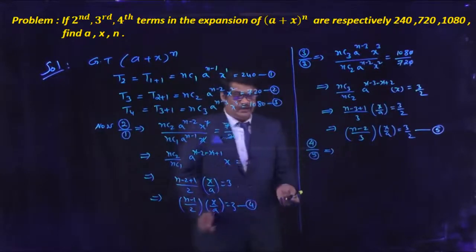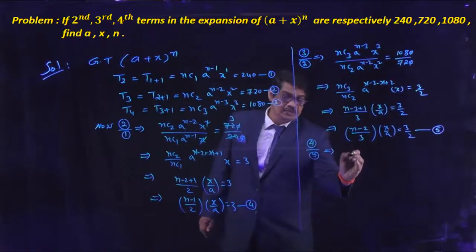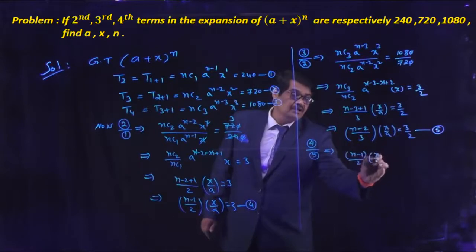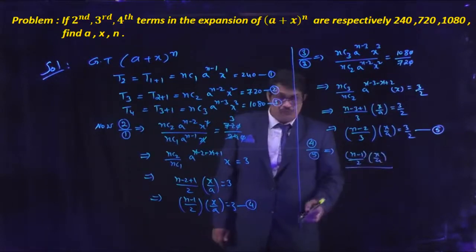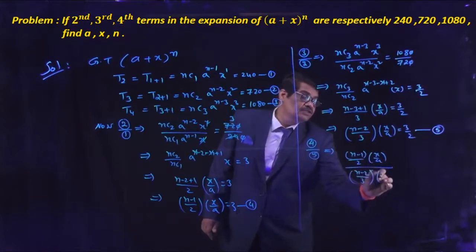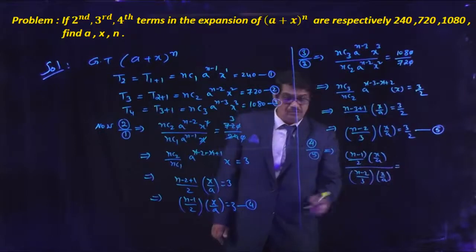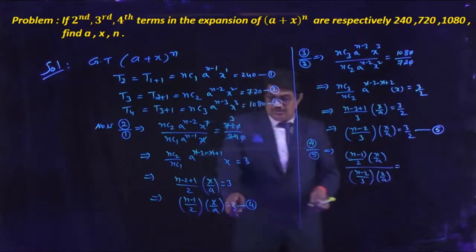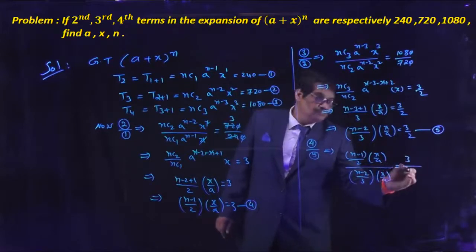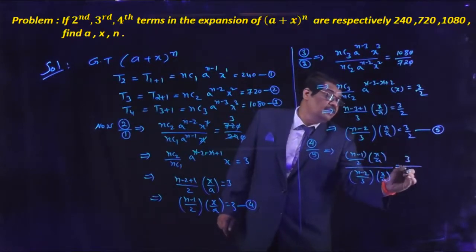Now writing 4 by 5. What is the fourth equation? That is (n minus 1) by 2 into x by a, by equation 5 LHS, that is (n minus 2) by 3 into x by a, is equal to RHS, 3 by 3 by 2.